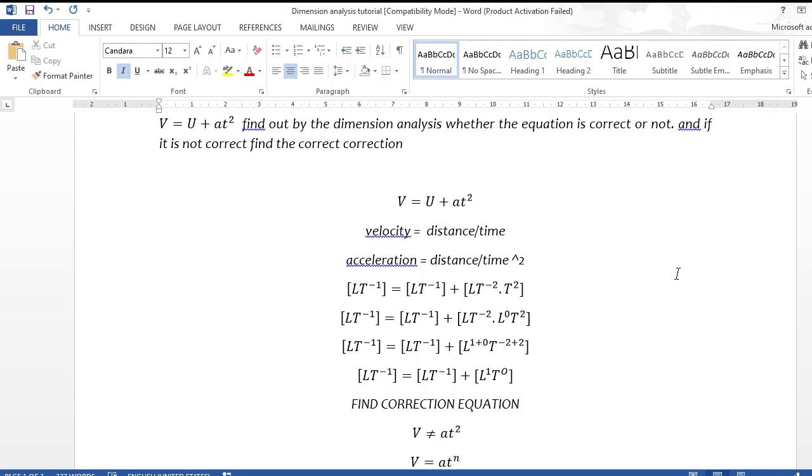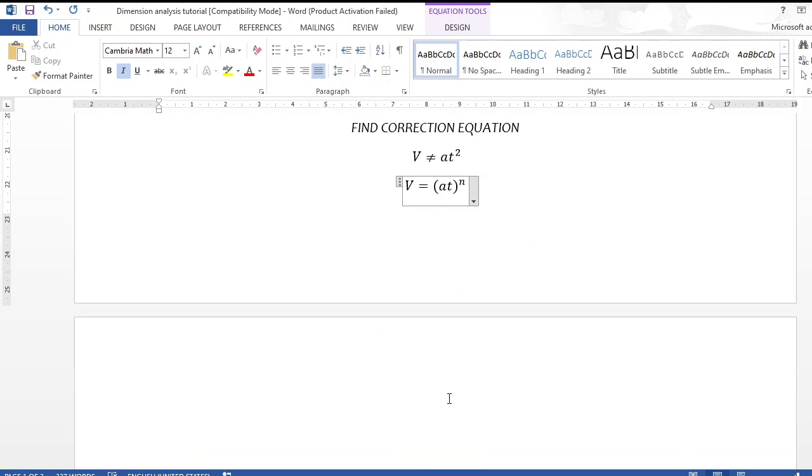Because that t is the part which is making the equation an incorrect equation.